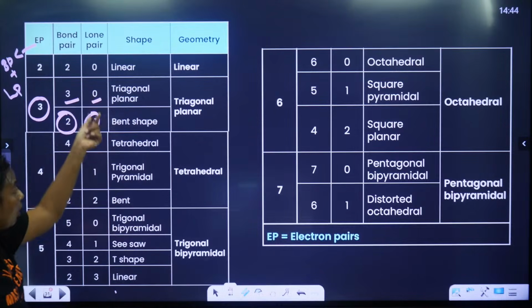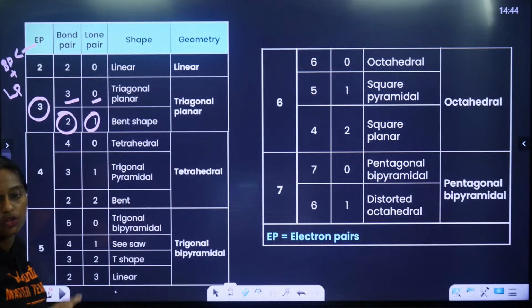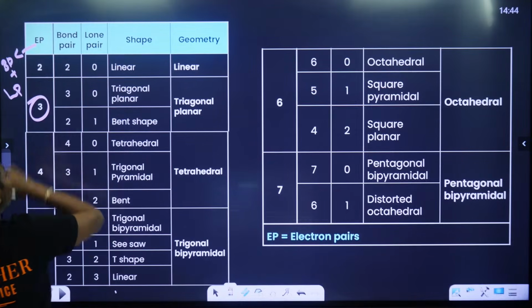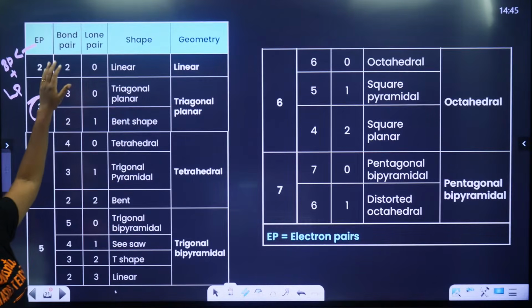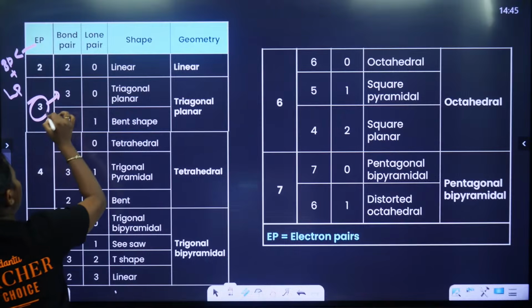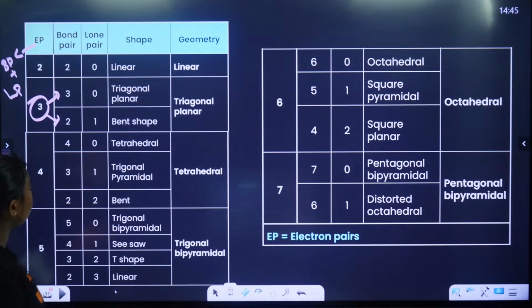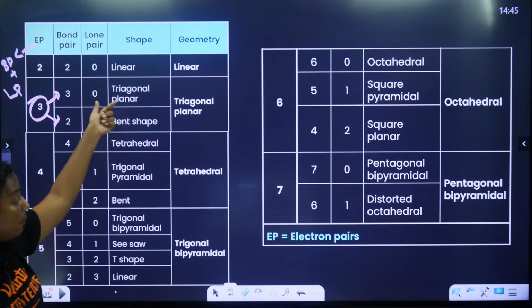If the lone pair changes, only the shape will change. When electron pair is 3, there are 2 different cases. One is bond pair 3 and lone pair 0, where the shape is trigonal planar and the geometry is trigonal planar, because the lone pair is 0.